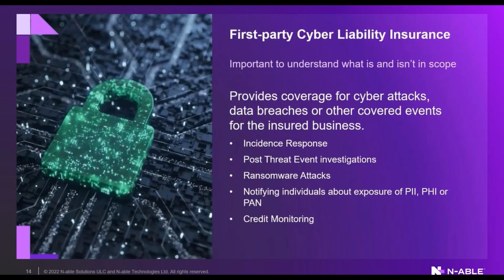It can cover the cost of the incident response to whatever that event was, any post-threat event investigation, and some of the money that has to be spent after a ransomware attack to get the environment back into operating order. It covers the cost of notifying individuals about exposure of PII, PHI, PAN, or other personal information, and paying for credit monitoring for anybody's data you had ownership of that was exposed during a data breach or cyber event.